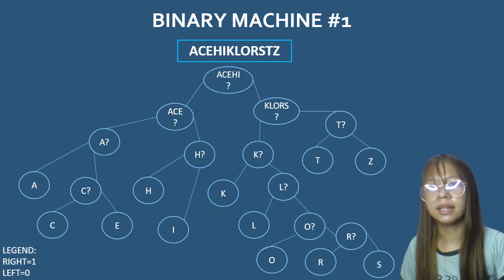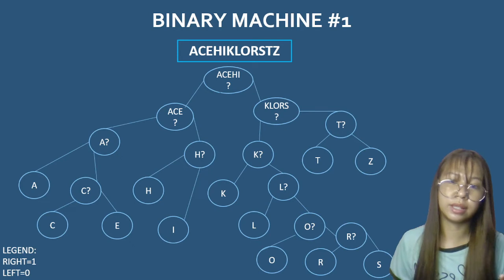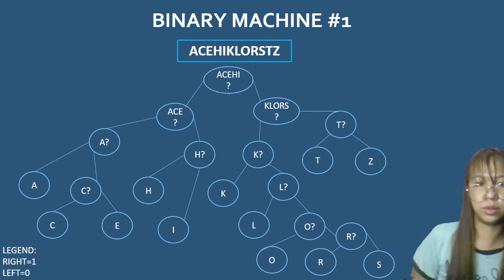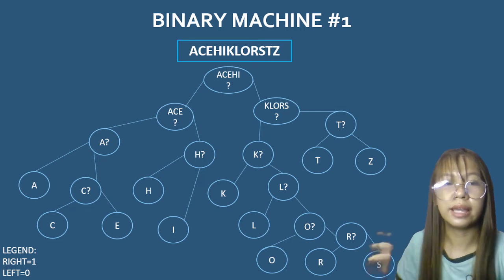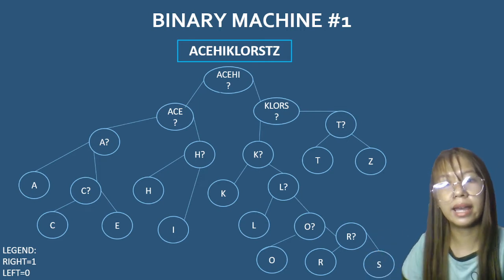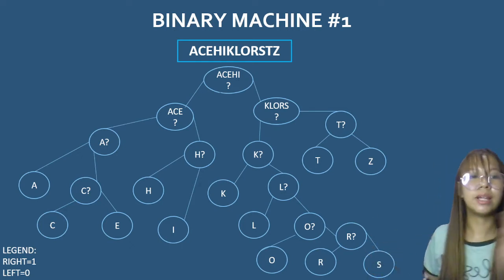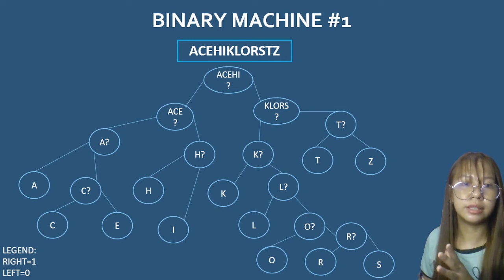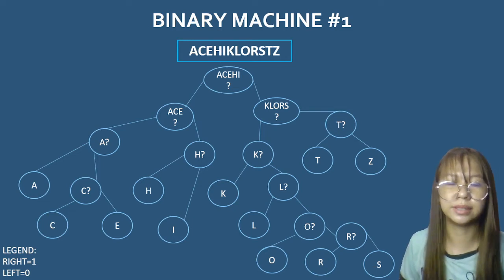And if it's on the left, or when you see this video it is on your right, then it is equal to 0. So A with a question mark is equal to 1, and the A without a question mark is also equal to 1, as you can see here. But I'm not going to discuss this diagram. I'm going to discuss the probabilities and also the number of bits.